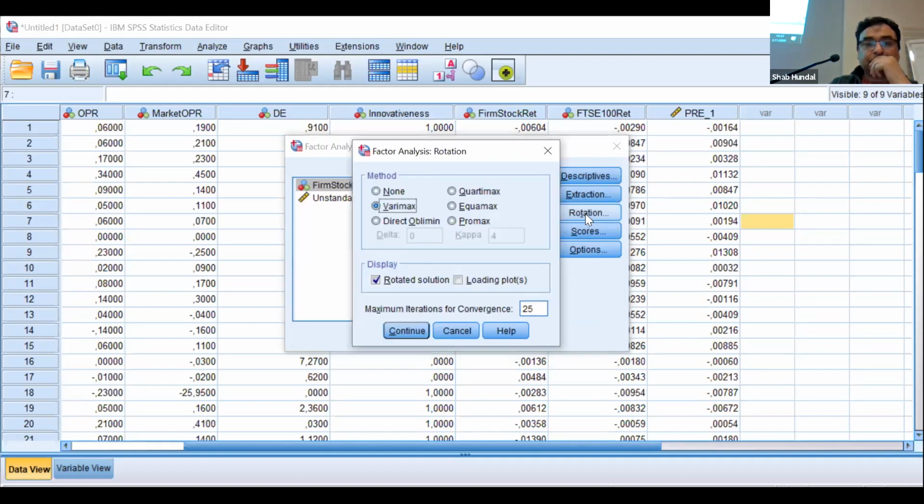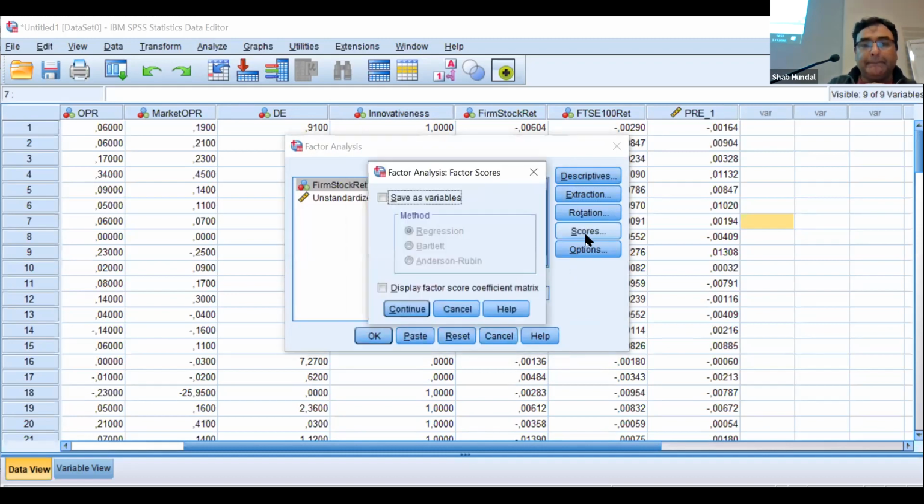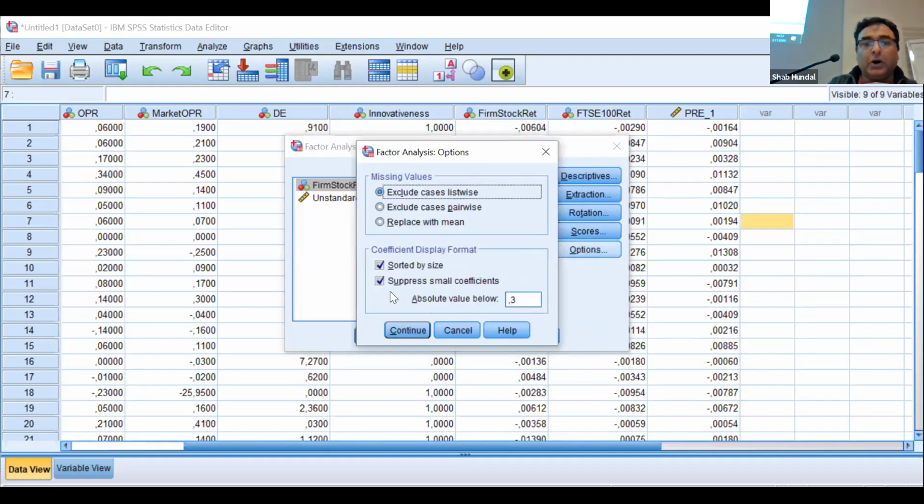Rotation. We always take the varimax rotated solution, so don't make any change here. Basically, just keep it the way it is. Scores, nothing to be changed. Options. Sort by size, and I don't want to take any value less than 0.3. This is like a custom. There's no scientific rule for it, but we never like to take any output result less than 0.3.